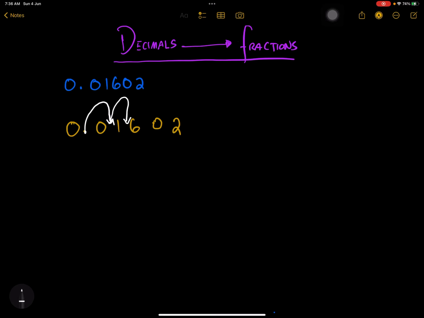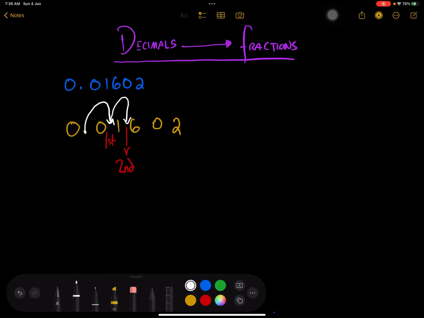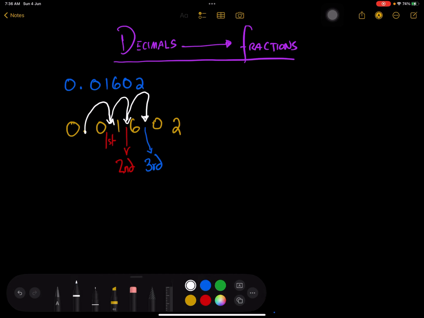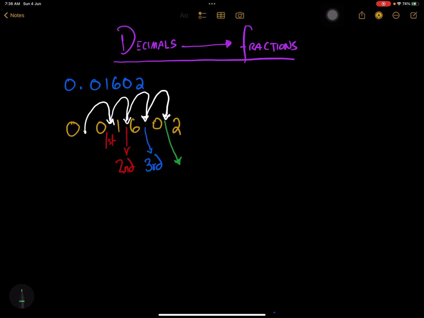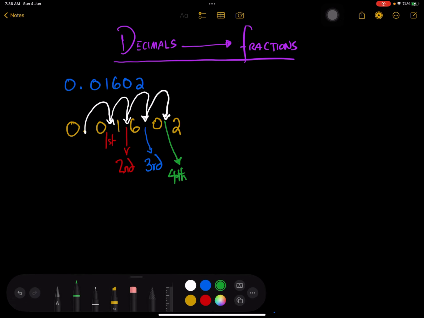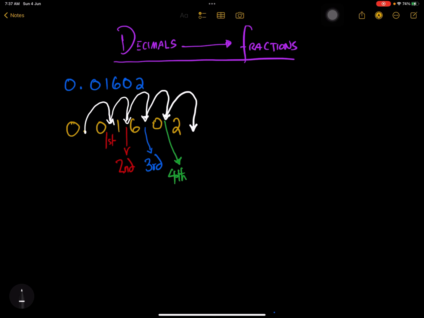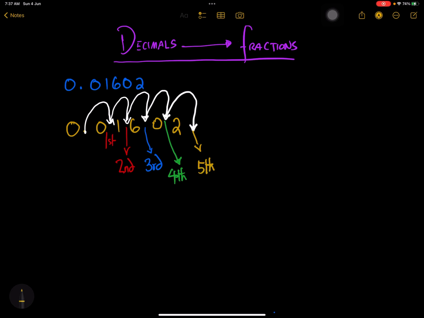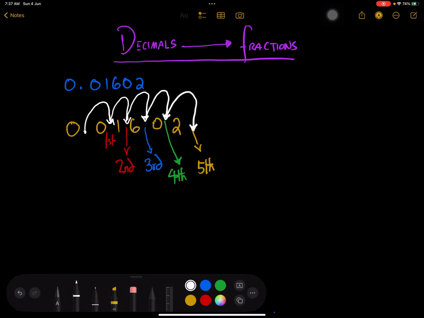Then the third move, then the fourth. We do this until we get to the right side of the last number, and that becomes our fifth movement.